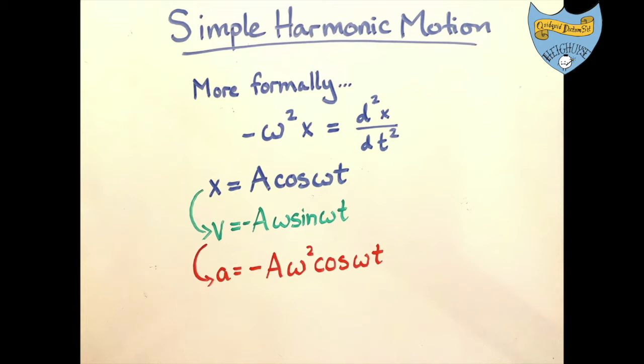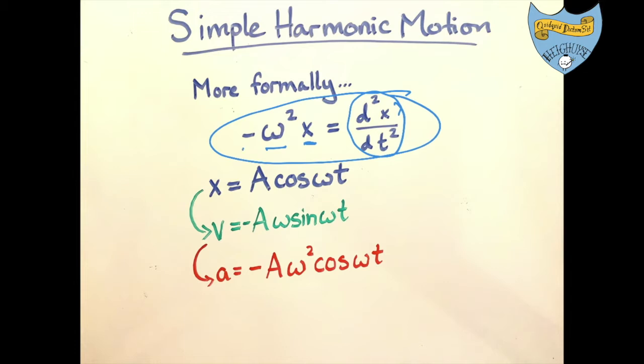Remember, the formal definition of simple harmonic motion is this thing up here, meaning any situation in which you can say that the second derivative of position is equal to the original position function times some constant omega squared with a negative sign stuck on the front of it. Any physical situation which can be modeled in this way is going to be simple harmonic motion.